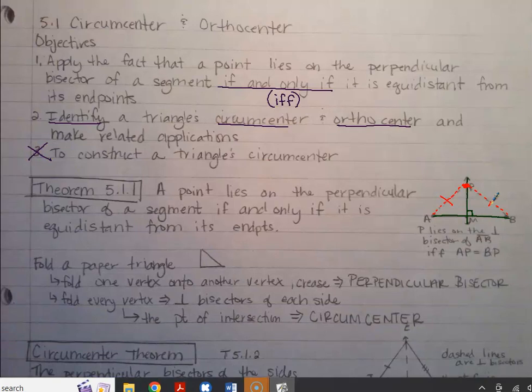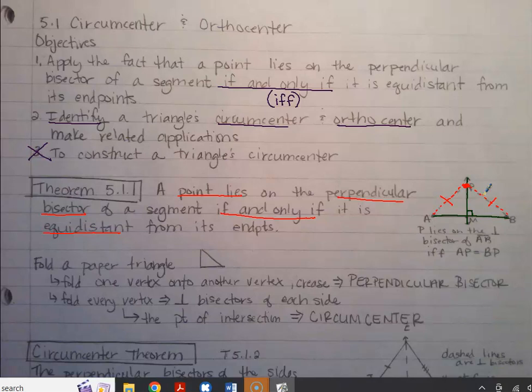That's what that theorem says. A point lies or is on the perpendicular bisector if and only if it is equidistant. So that means those two sides are congruent. Okay, so I think the picture is much more helpful than the words there.